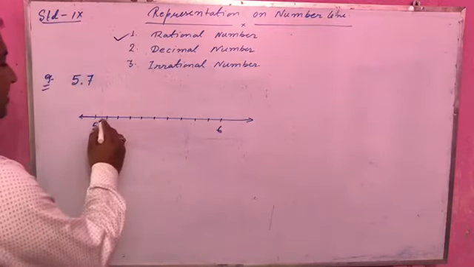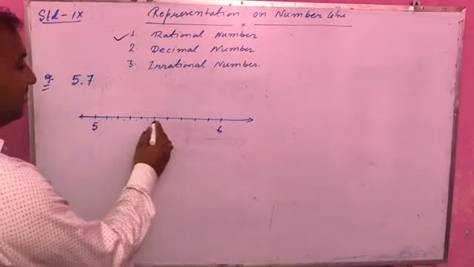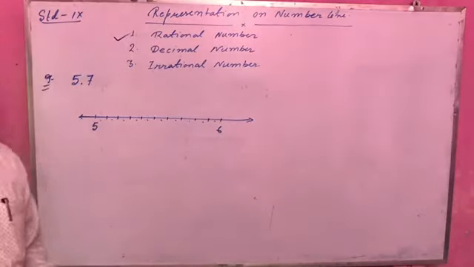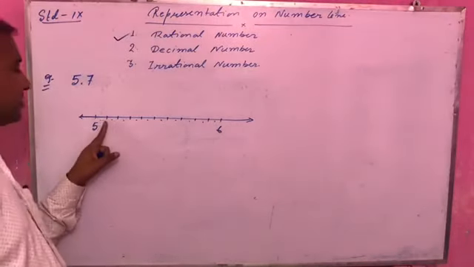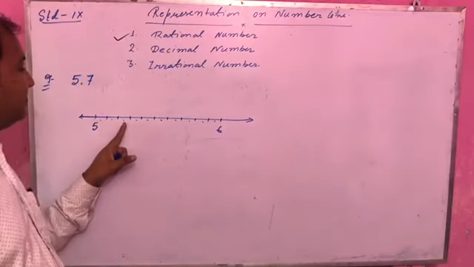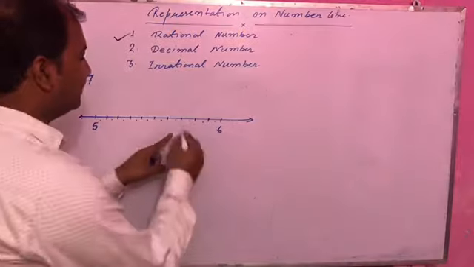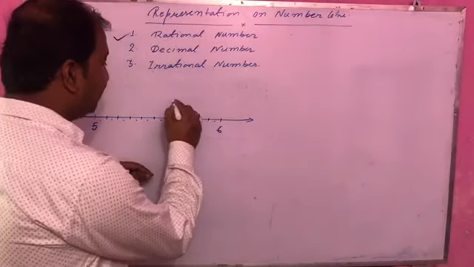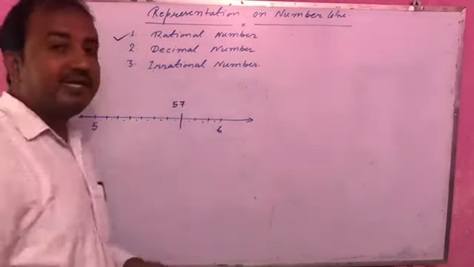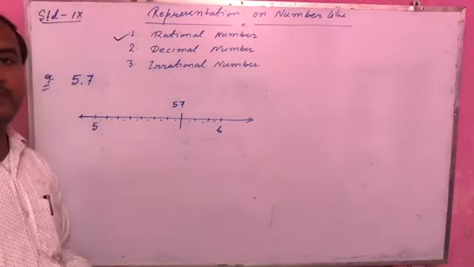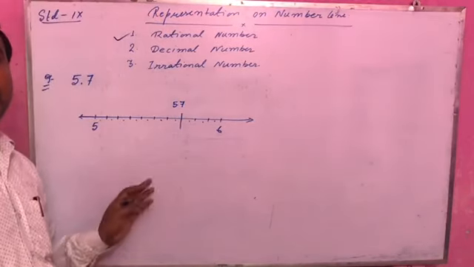First, second, third, fourth, fifth, sixth, 7, 8, 9, 10. Now the first part 5.1, 5.2, 5.3, 5.4, 5.5, 5.6 and this is 5.7. Any doubt? Is it clear? By using this way, you can represent the decimal number.